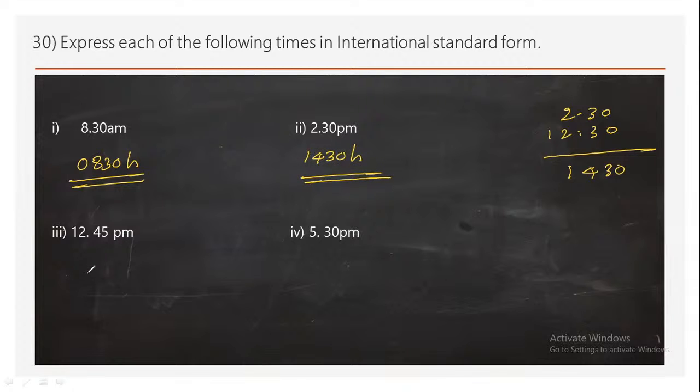Next one, 12:45. Next one, 5:30 p.m. It means you have to add 12 to that. 17:30.